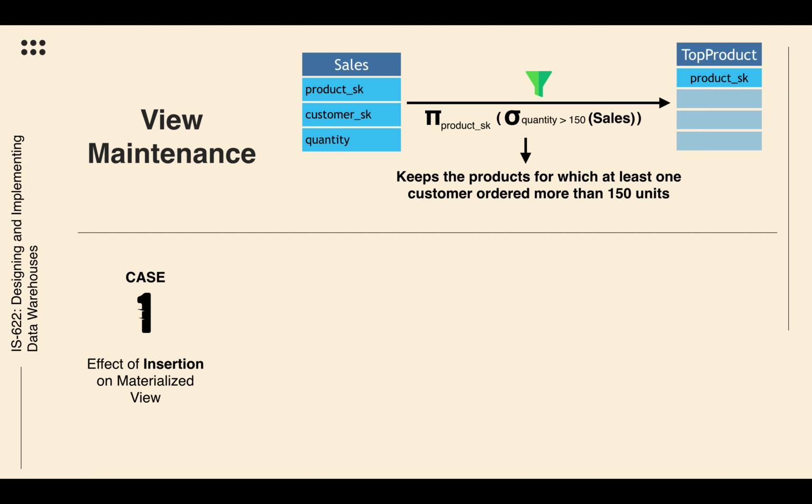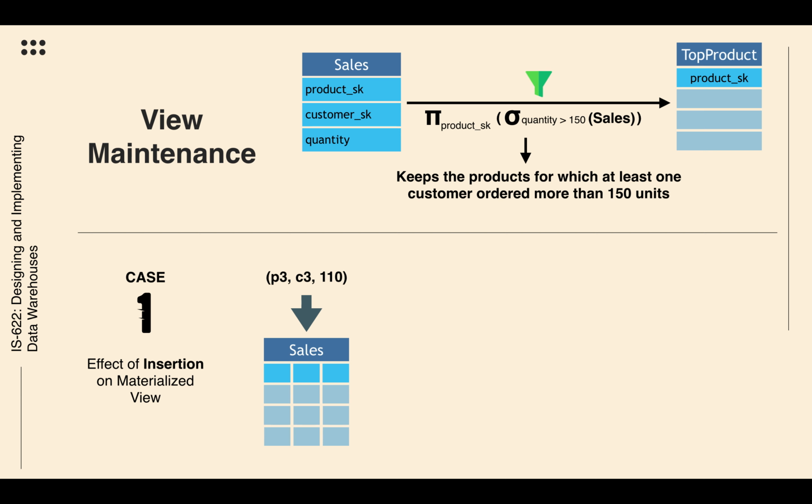So as I told you, there are 2 cases we are going to look at. The first case is insertion. How does insertion happen in a materialized view? We already created the view, right? So let's say, for example, this is my sales table. This is my base table. I am going to add a new record to my base table.